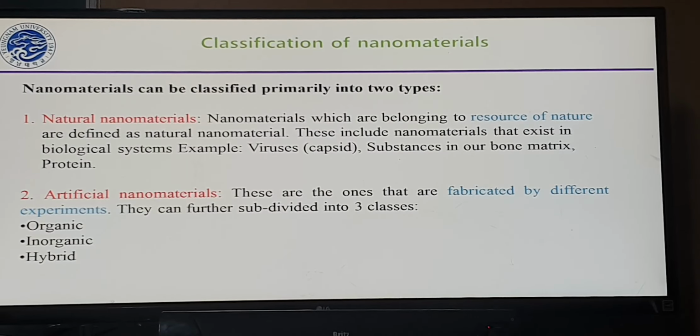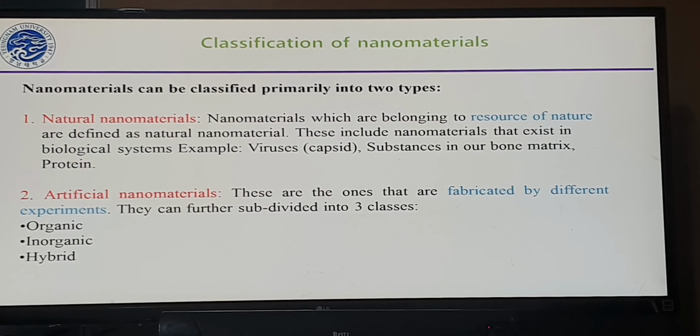Coming to the important topic, classification of nanomaterials. Nanomaterials can be classified primarily into two types: natural nanomaterials and artificial nanomaterials. Nanomaterials belonging to the resources of nature are defined as natural nanomaterials.